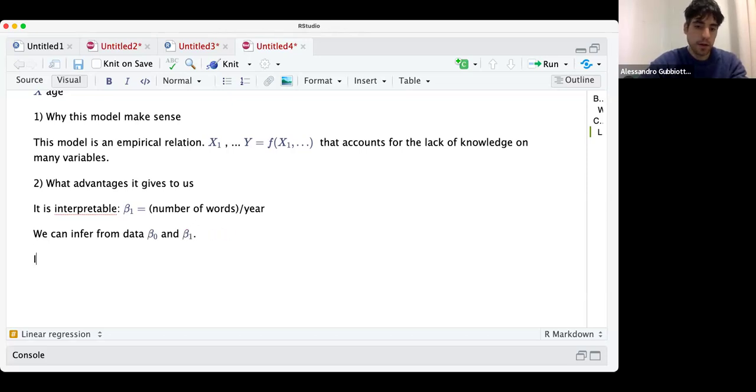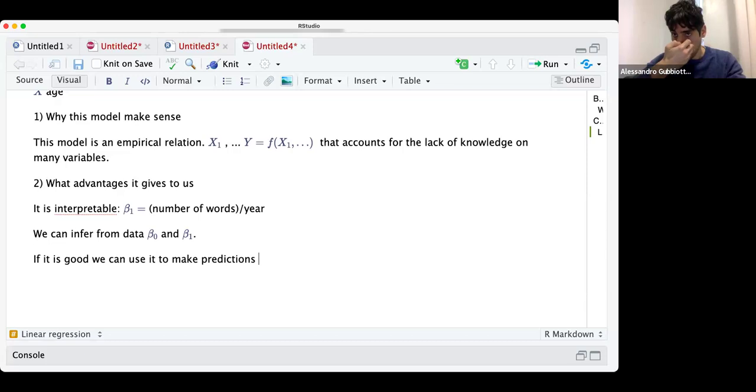And if the model is better than not having anything, if it is good, we can use it to make predictions. So these are the advantages.